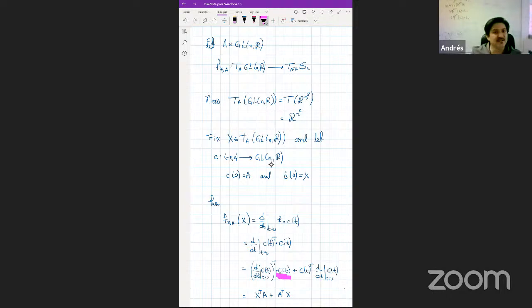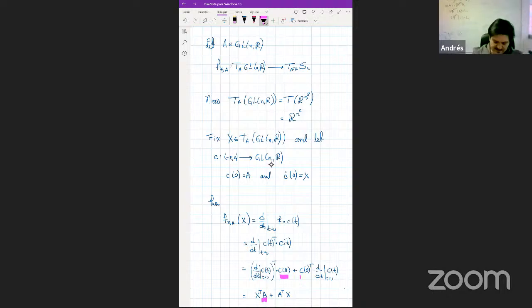This has to be C prime of 0 because I have this. And also here, t must be 0, right? So there's a mistake there. Let me correct that and that. Right? Okay.